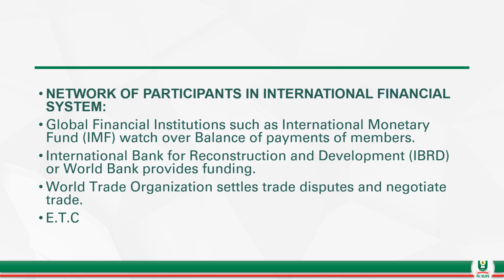Then we have the International Bank for Reconstruction and Development, which is basically the World Bank, which provides funding to members who are short of funds, who have a deficit. They try to help them in their financial lapses.